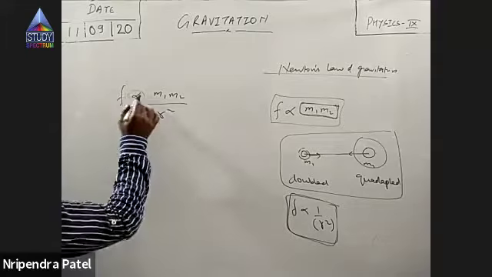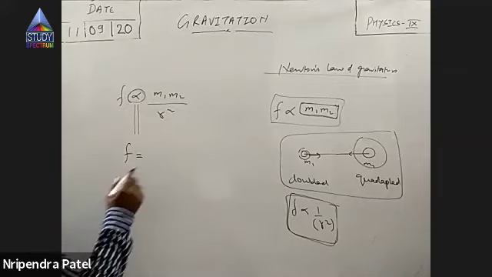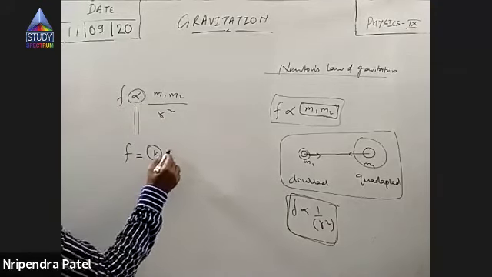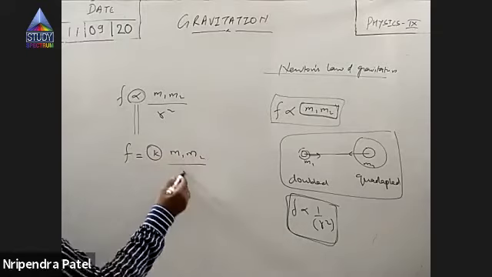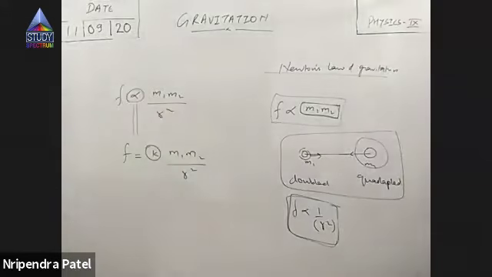And to make them equal, we put a constant, because whenever you want to remove the proportionality sign and introduce an equality sign, we need a constant. Now the question is where to get the value of this constant. I don't have a ready-made table for it. If I had a table of M1, M2, R and F, I could have derived the value of K from there, but I don't. So some experiments were conducted.